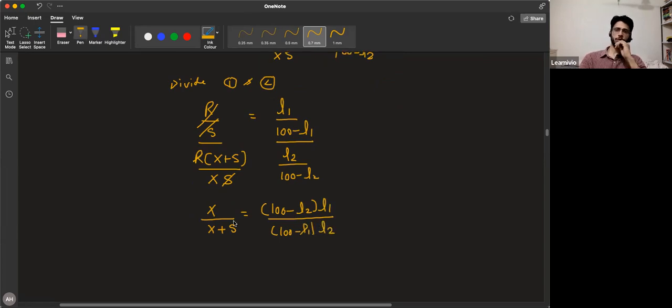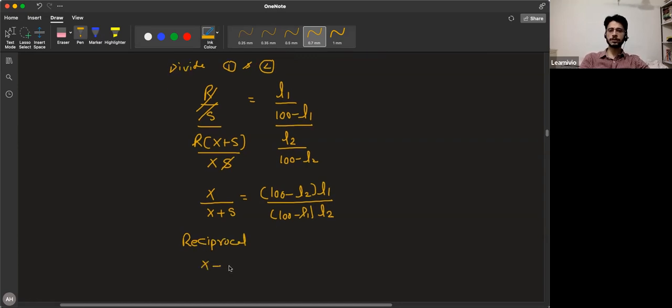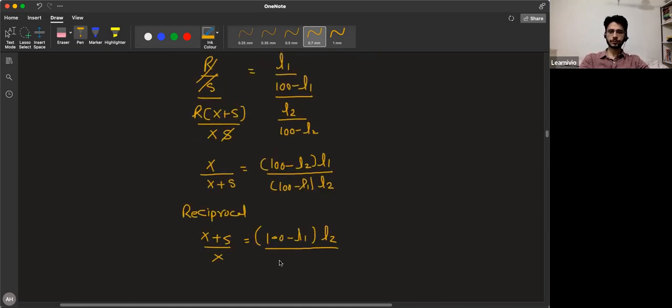You need x. To calculate this x, the easiest method is to take the reciprocal. So when you take the reciprocal, you get x plus s divided by x is 100 minus L1 into L2 divided by L1 into 100 minus L2.